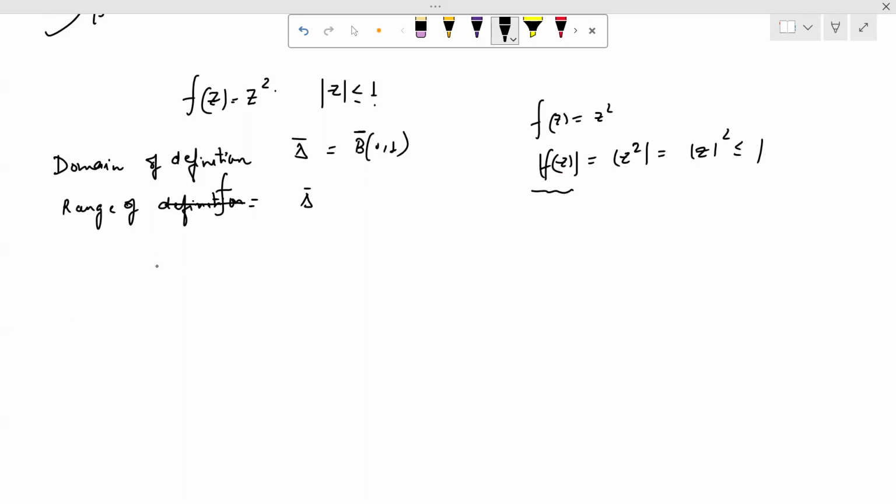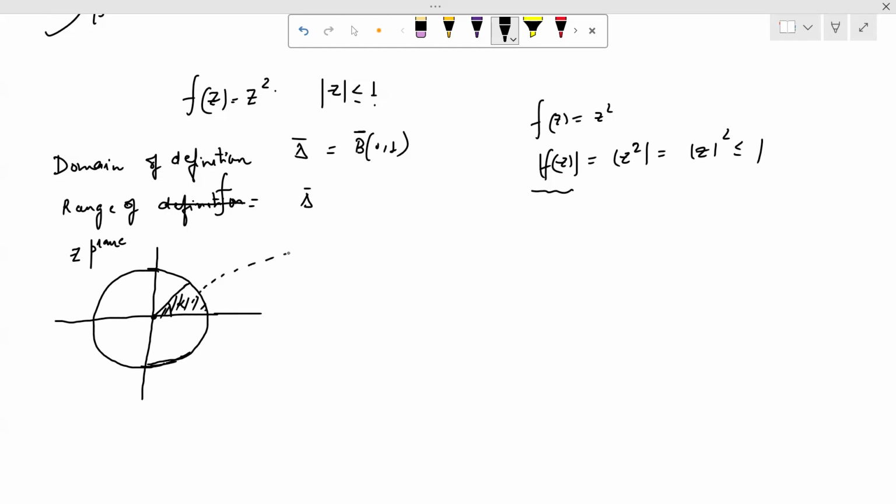Now, how is this mapping going to work? If I consider this as the z plane, and let us say this is your closed disk centered at 0 with radius 1, and if I take any points from this particular sector with angle alpha, how are they going to map?